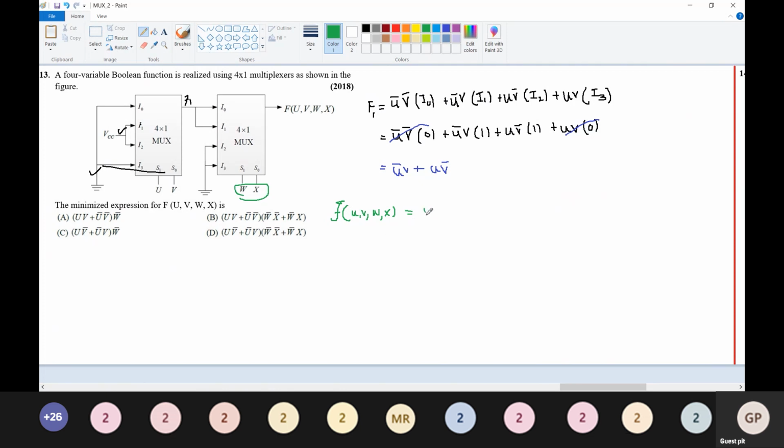W and X. So W dash X dash into I0, plus W dash X into I1, plus W X dash into I2, plus WX into I3.